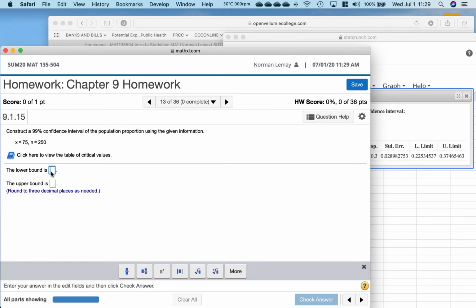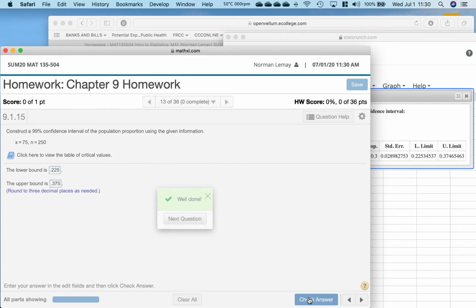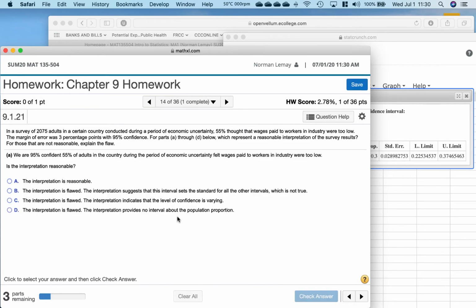For the lower limit, 0.2253, so 0.225, and then for the upper bound, 0.3746, so 0.375. We check the answer, and boom, there's our green box.